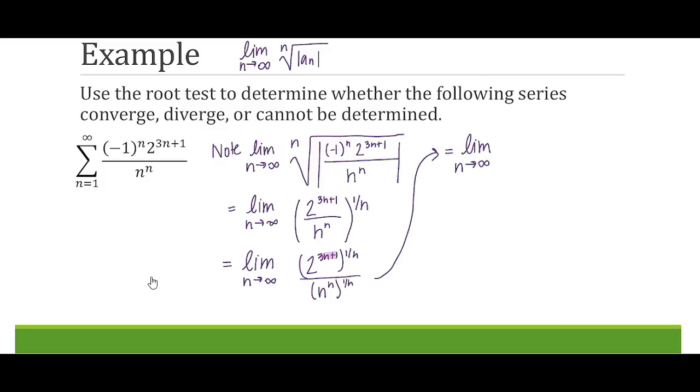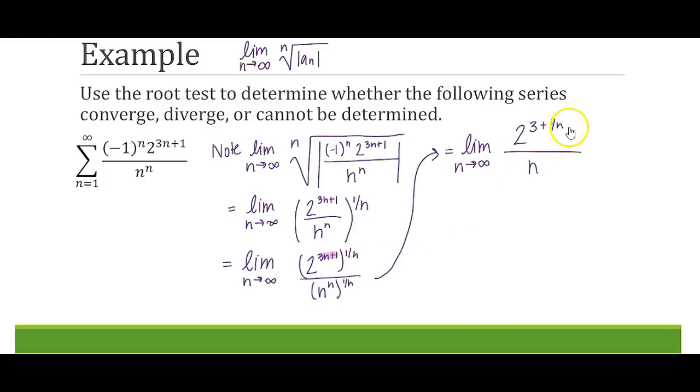So the numerator is 2 to the 3 plus 1 over n. Again, this 1 over n distributes to each of these pieces in the exponent, so that becomes 3, and this becomes 1 over n. And then over, now the n and the 1 over n are going to multiply and therefore cancel and become 1. So this is just n.